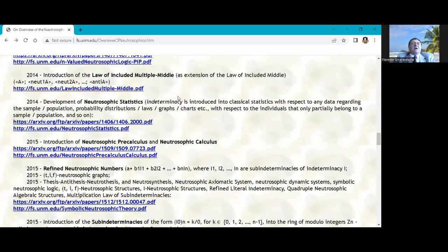Now, the law of included middle was extended to the law of included multiple middle. As you know, the ancient law of excluded middle was generalized by fuzzy and even intuitionistic fuzzy into a law of included middle. And now in Neutrosophic set, we have the law of included multiple middle.